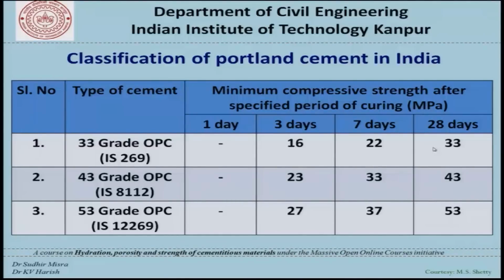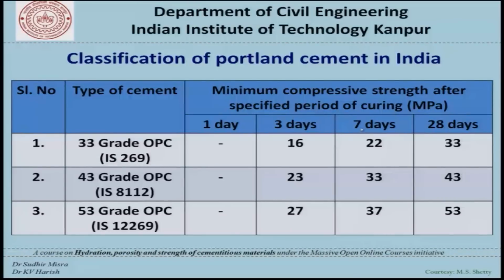As you can see, the name 33 grade arises from the compressive strength that is obtained at 28 days, and the grade 43 comes from the strength obtained for that cement at 28 days, and 53 grade from the strength obtained for that cement at 28 days. And you can also see that these are the minimum strengths that these types of cements should provide after 28 days.